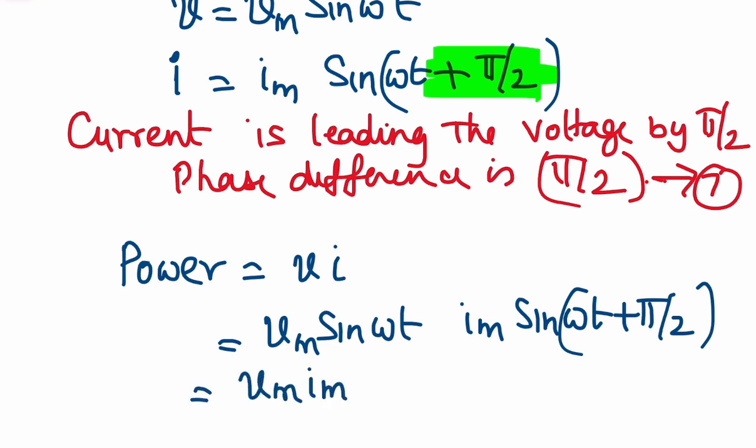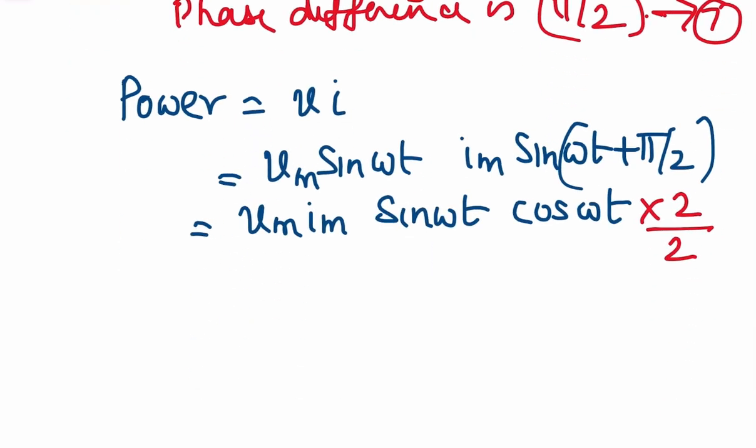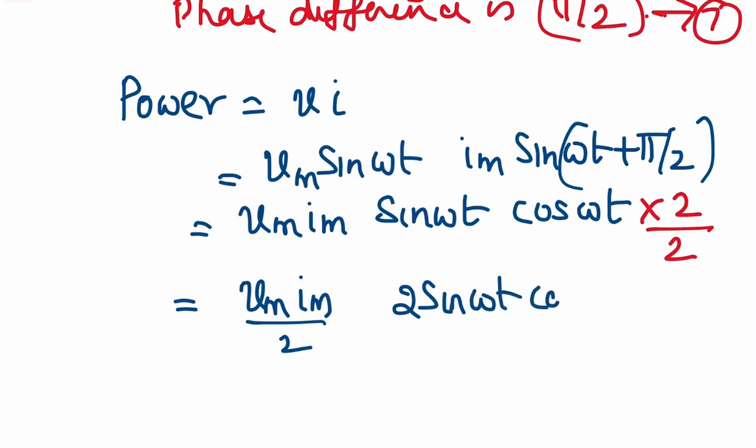Sine 90 plus theta is cos theta. So you can write it as cos omega t. Then multiply by 2 divided by 2. Then the next equation will be Vm Im by 2 sine omega t cos omega t, and you know from trigonometry very well, 2 sine theta cos theta is equal to sine 2 theta.